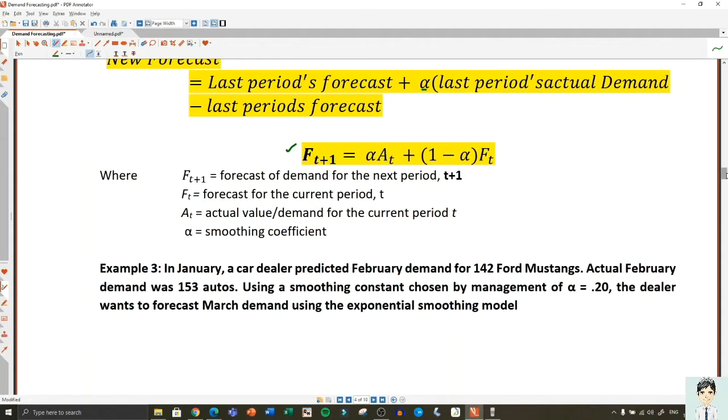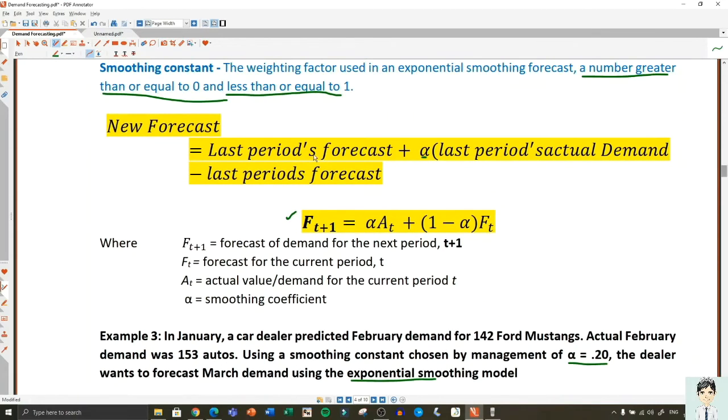Using a smoothing constant chosen by the management of alpha equal to 0.20, the dealer wants to forecast March demand using the exponential smoothing model. So, gamitin muna natin tong formula na to. Okay po. Tsaka next natin gamitin yung formula na to.